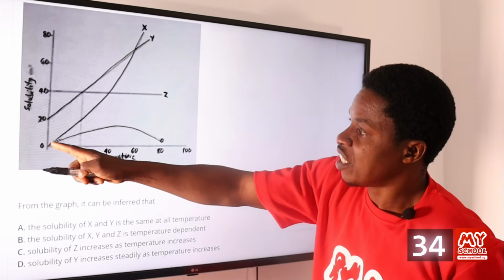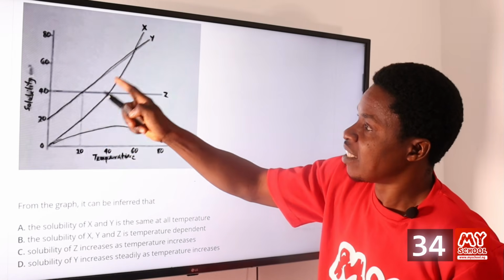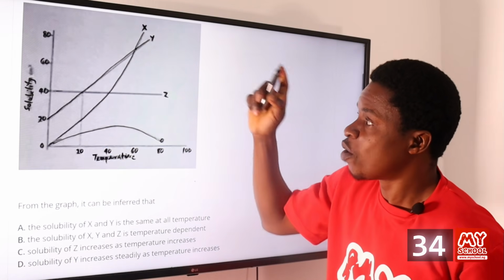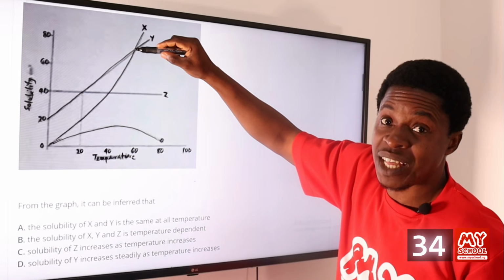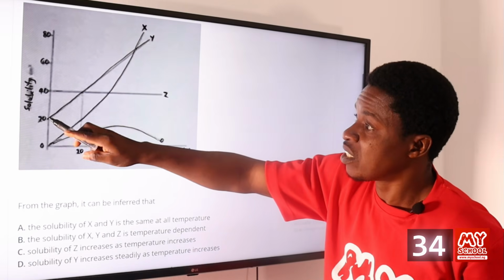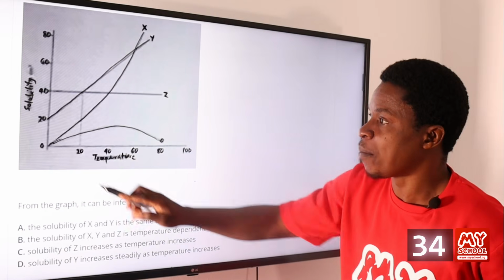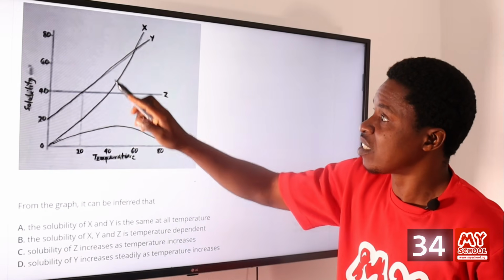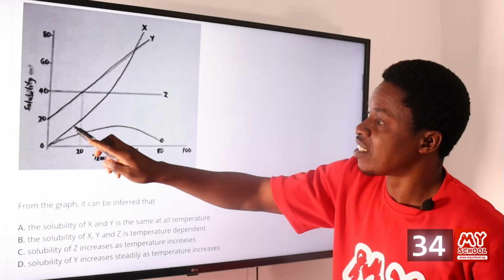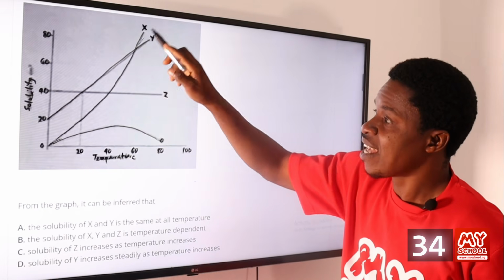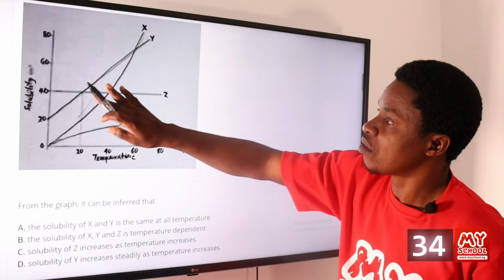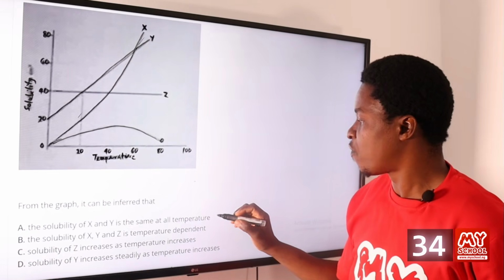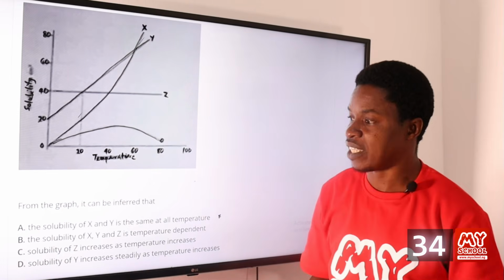So the solubility at this point is the same only here; that's where they intersected. X this way and Y this way, so they are not the same at all points. So the first statement is eliminated, it is wrong.